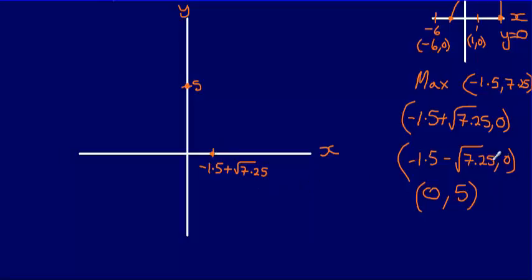Let's plot this point as well, negative 1.5 minus the square root of 7.25. So that's going to be about minus 4, isn't it? So around here somewhere, we'll write that down. So minus 1.5 minus the square root of 7.25.